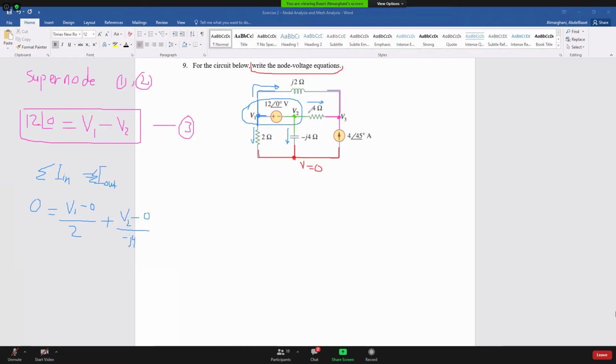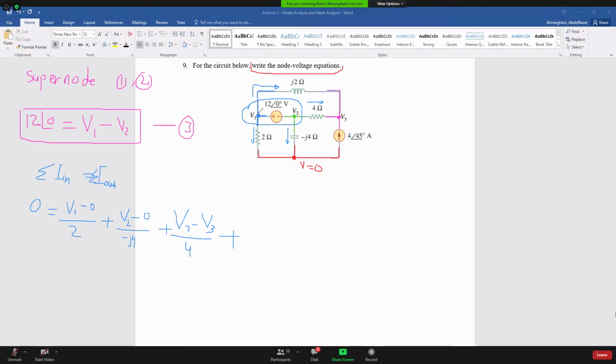Then I'm going to go to this 4 ohm, this current going away, going from V2 to V3, so it's V2 minus V3 divided by 4, plus the last one, the current going through this branch, going from this point to that point through this impedance.